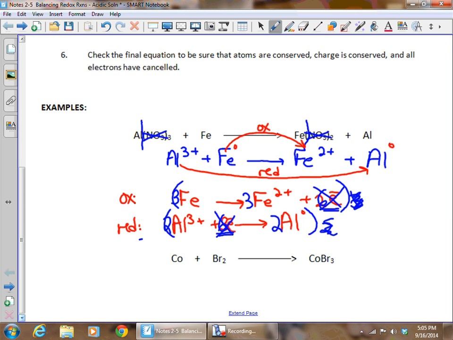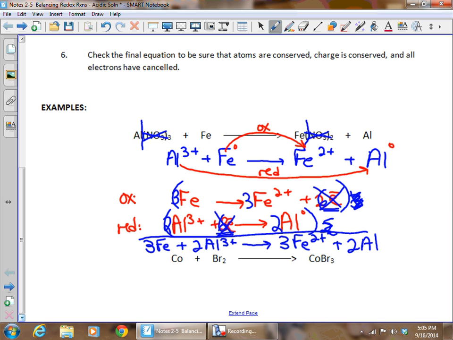And we're going to simply write whatever's left for our overall reaction. Looks like we've got 3 Fe's plus 2 Al3+'s, and that's going to yield 3 Fe2+'s and 2 Al's. Now our last step is always to make sure that our overall charge is balanced.